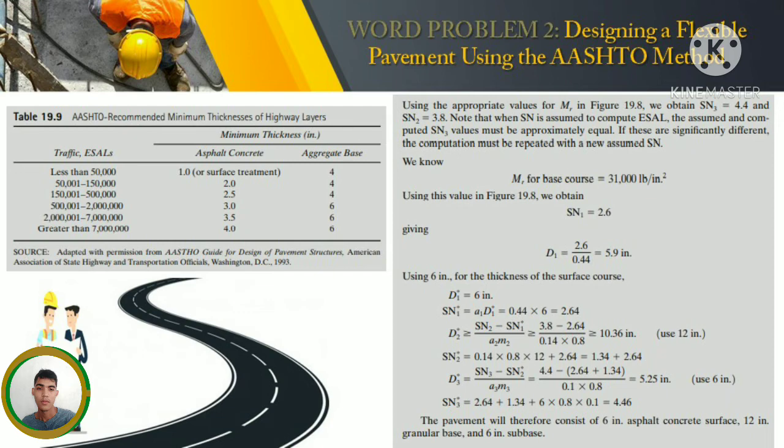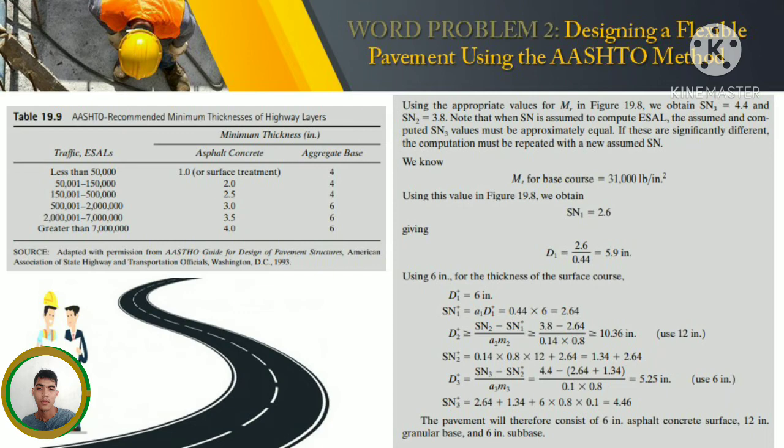So we're going to use 12 inches. The SN sub 2 is equal to 0.14 times 0.8 times 12 plus 2.64, so that is equal to 1.34 plus 2.64.